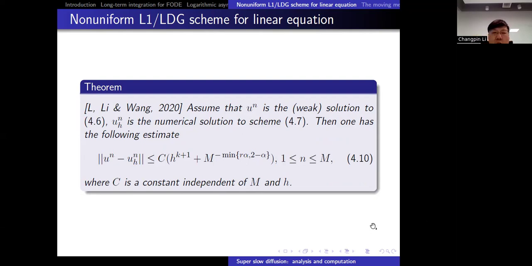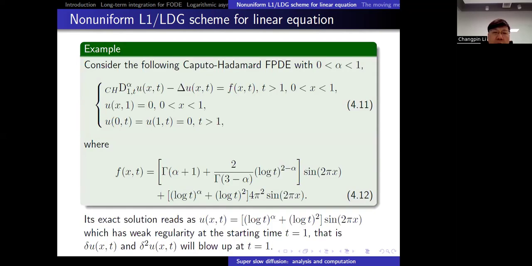Now we give a numerical example. The starting time is 1. The initial condition is homogeneous, and the boundary condition is homogeneous. If the source term is given like this, we have an exact solution like this.